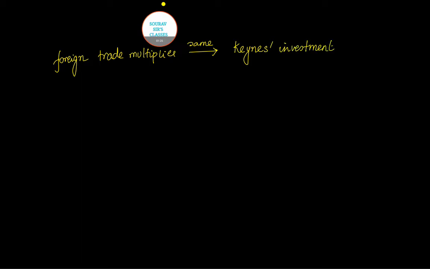Now, first of all we will begin the tutorial by drawing some similarities. The foreign trade multiplier works in the same way as the Keynes investment multiplier.